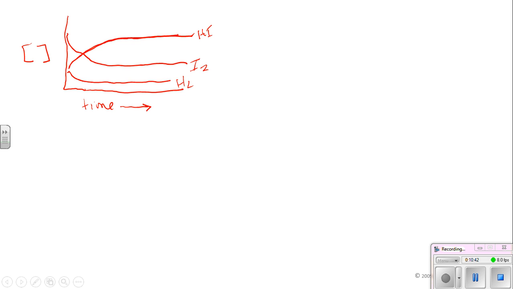Notice that HI is increasing until it levels off. That means that our products are increasing, which is HI, and that our two reactants, I2 and H2, are decreasing, and they will eventually level off. The endings may not be exactly correct here. We would have to do an additional calculation, but you get the idea graphically if we're looking at this process.